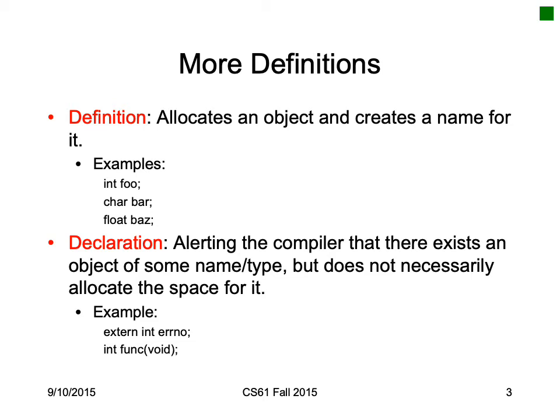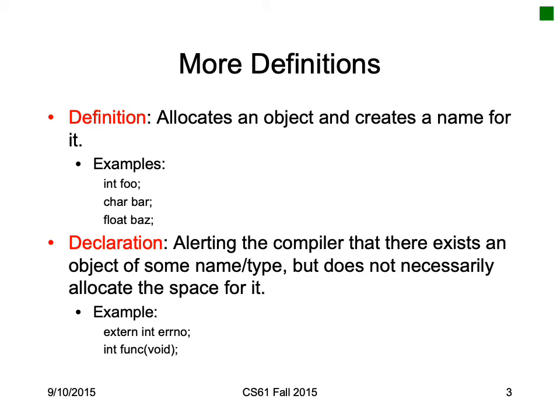Now, why am I making a big deal about this? Because C also has the notion of something called a declaration. And a declaration is merely telling the compiler that there exists an object of some name and type, but it doesn't actually allocate space for it.